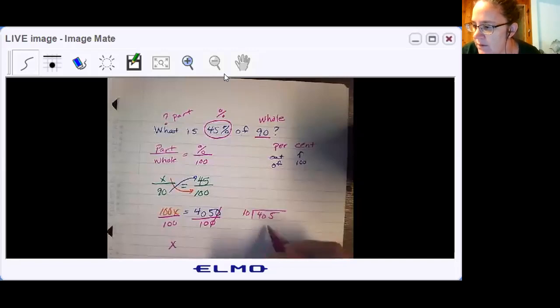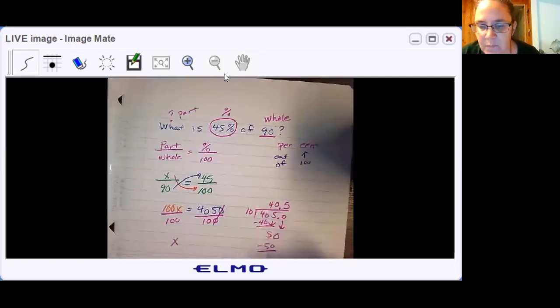Well, 10 goes into 40 4 times. Doesn't leave a remainder, so I bring down my 5. 10 won't go into 5, but if I bring down another 0 after my decimal, 10 will go into 50 5 times, and I've got it.